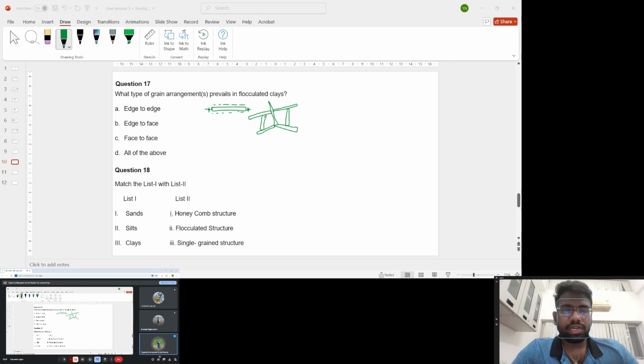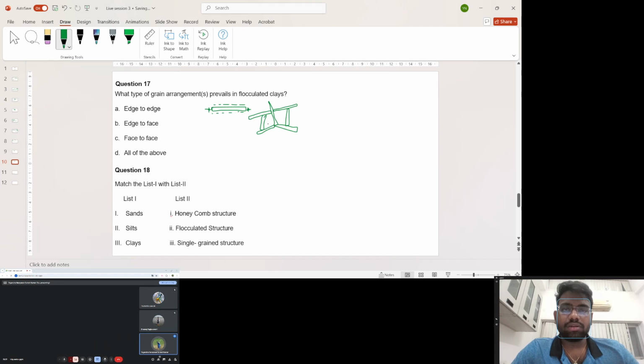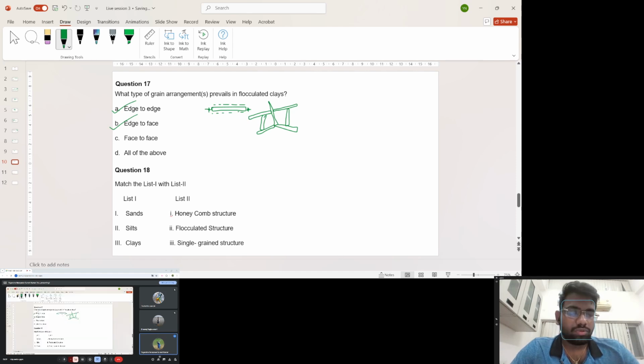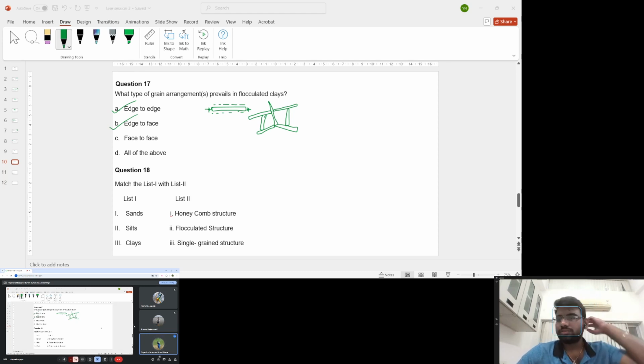Due to the net attractive forces, it will prevail in this condition. So flocculated clays will have both edge to edge and edge to face structures, and face to face occurs in the dispersed condition. Now you mentioned it is remolded, right? You mentioned that the dispersed structure occurs when you remold it. What is meant by remolding? What do you do to remold it?